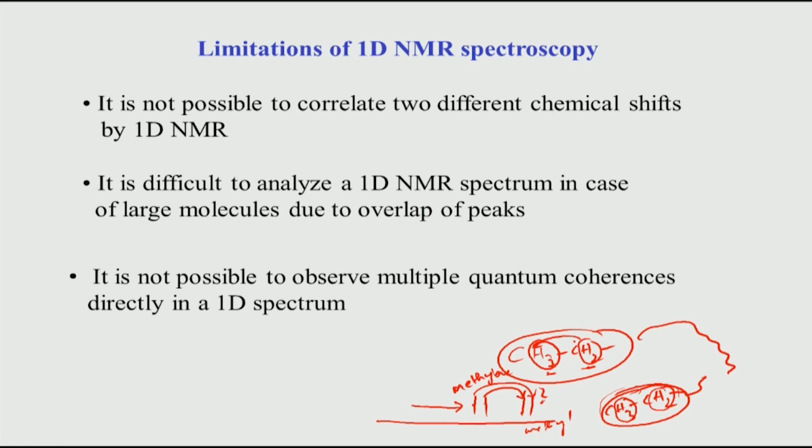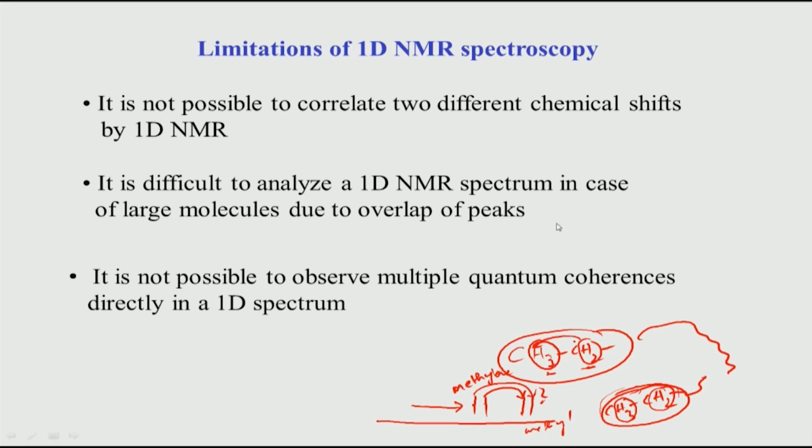So, if you have two protons coupled to each other by J coupling, there is a possibility of generating multiple quantum coherence. I will not go into detail of this terminology because it is not part of this course, but as information it is useful to know that multiple quantum coherences cannot be detected by NMR. They can be generated, but they cannot be detected directly.